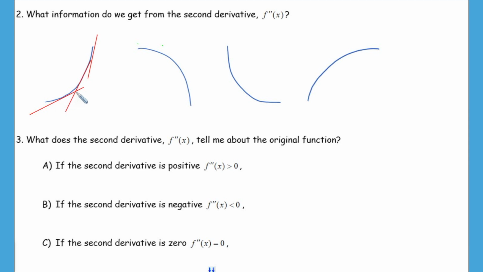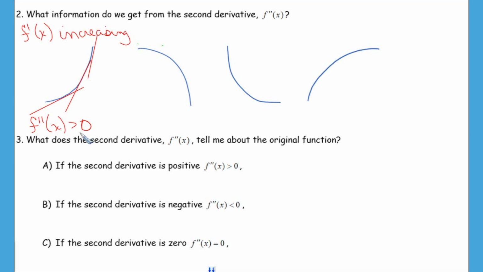Well, this is a positive slope, and notice that this positive slope is getting larger. So f prime of x, the slopes, are increasing. Okay? So f prime of x is increasing. And what does that mean? That means its derivative, f double prime of x, is greater than 0, or positive.